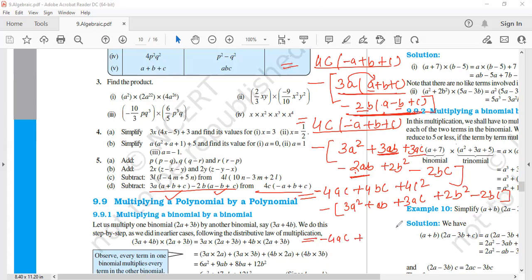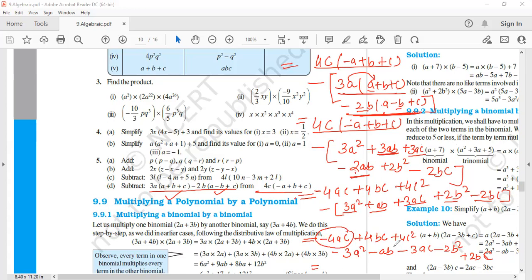Now open the brackets. 4ac plus 4bc plus 4c square minus 3a square minus ab minus 3ac minus 2b square plus 2bc. Because I have opened the bracket, the signs of all the things up to bc at the end will be changed.